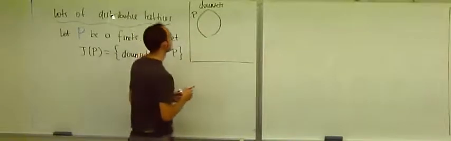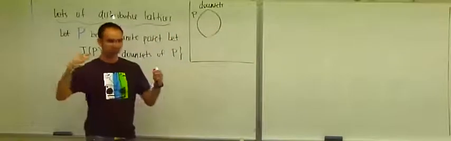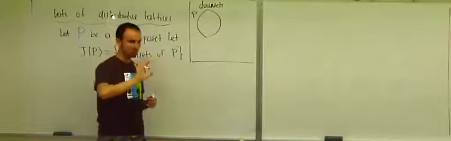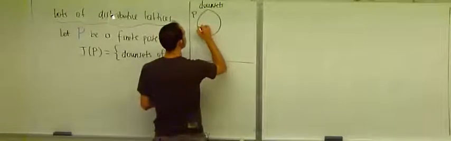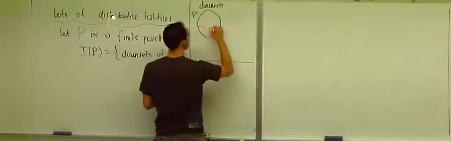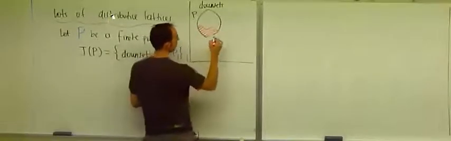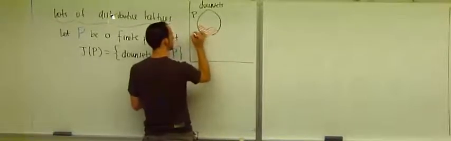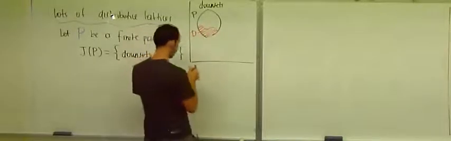Okay. So what's a downset? A downset is kind of, you look at this Hasse diagram, and you look at some boundary between the things below and the things above. The downset are the things below. So it's some set that looks like this. Let's call it D. But remember that downsets are also called order ideals.